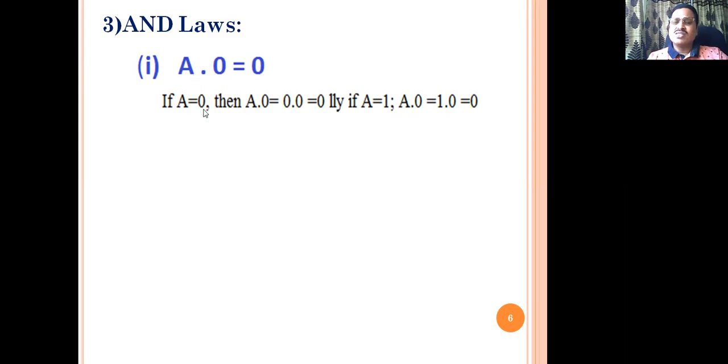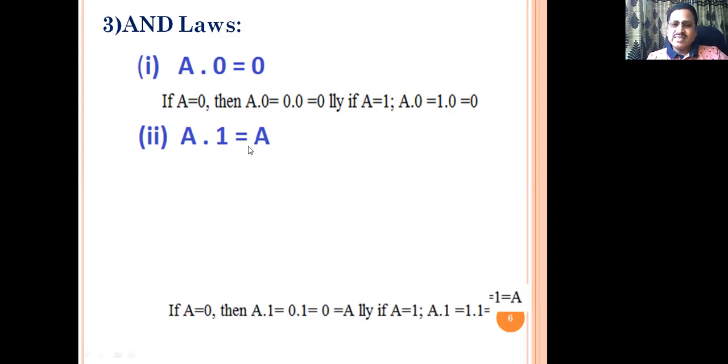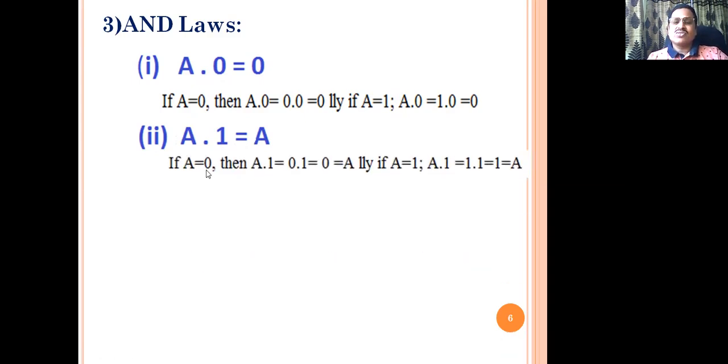A can be either 0 or 1. The equation will always have the answer 0. The second law regarding AND operation is A and 1 always equals A. ANDing of a number with binary 1 always equals the same number. Let's see our verification. Assume A equals 0. In the left hand side, A and 1, replace A by 0.